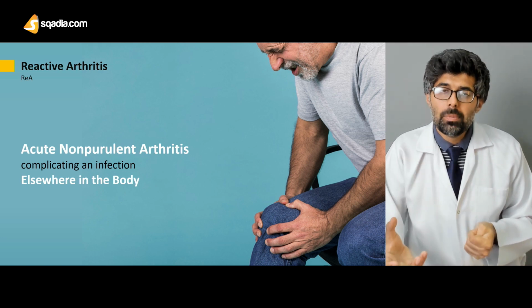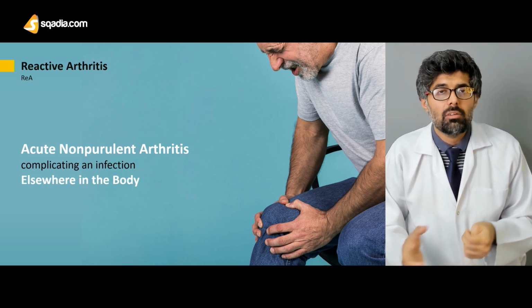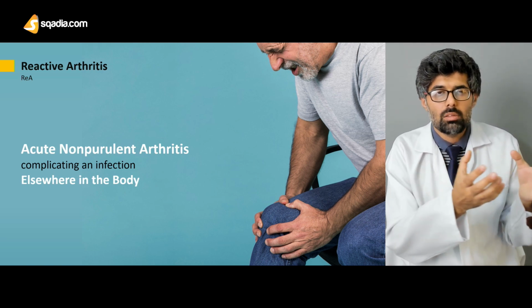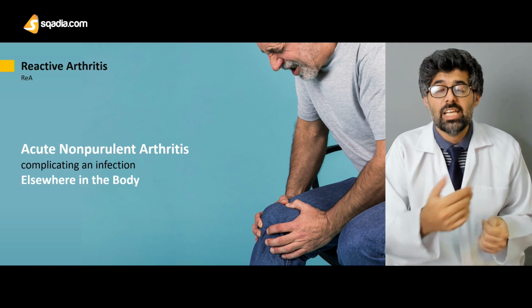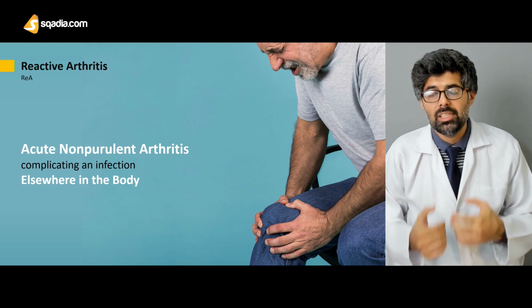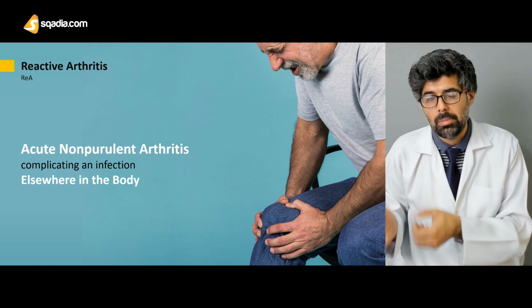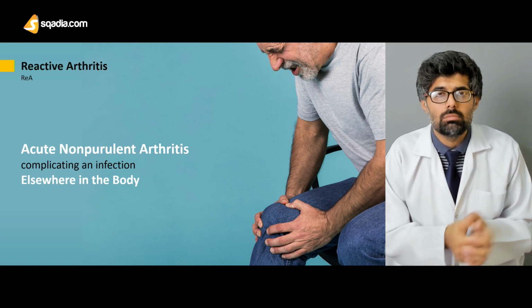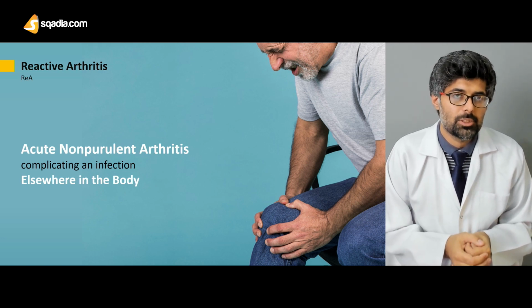So simply, reactive arthritis is a complication that can result from usually a group of infections which are found elsewhere in the body. Usually those infections which affect the intestine are most implicated in the etiology and the pathogenesis of reactive arthritis.